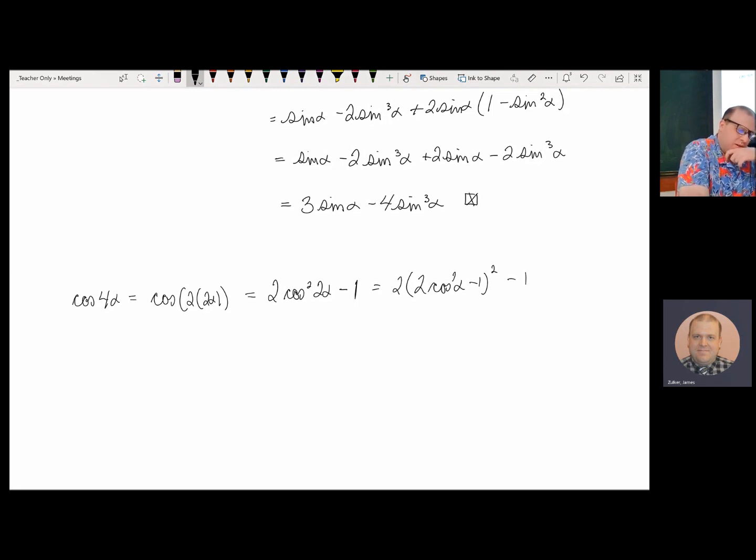Oh, wait, that should be cosine squared in there. Yep. Expand out: 2 cosine squared alpha minus 1, all squared.